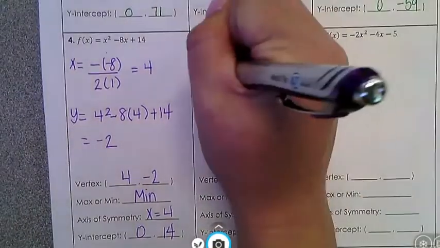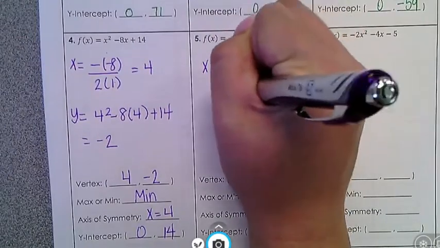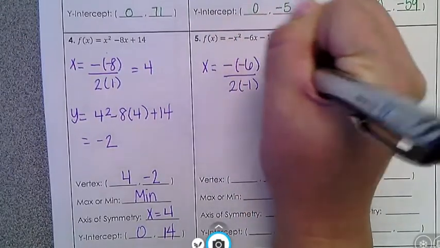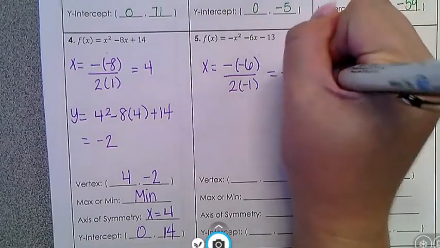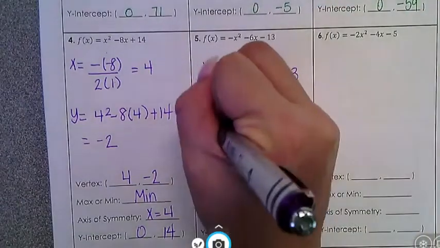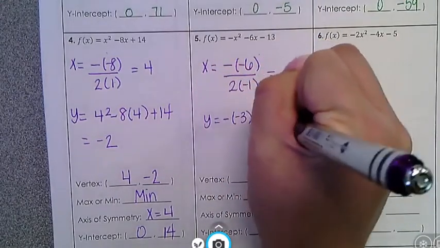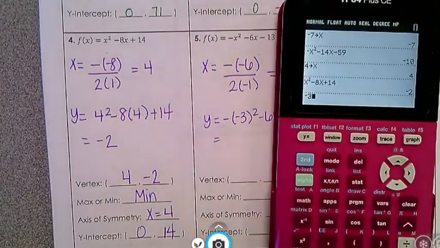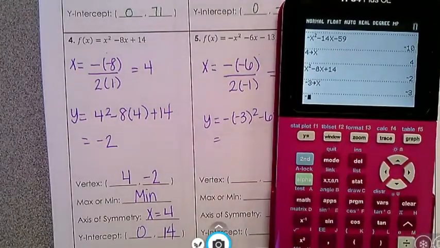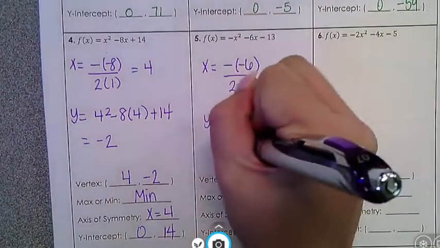Number 5. This would be 6 over negative 2, which is negative 3. If I do negative 3, store x, we get negative 4.